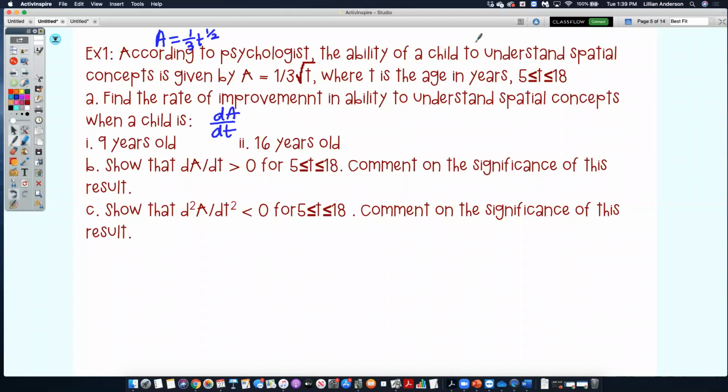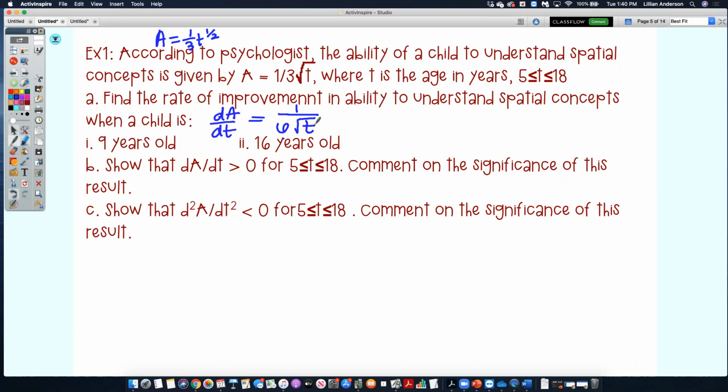What did you guys get for the derivative? Oh, 6. 1 over 6 square root of t. It'll be 1/2 times 1/3. That's how we get the 1/6. And then it'll be t to the negative 1/2, but you bring it down to the denominator and you rewrite it.